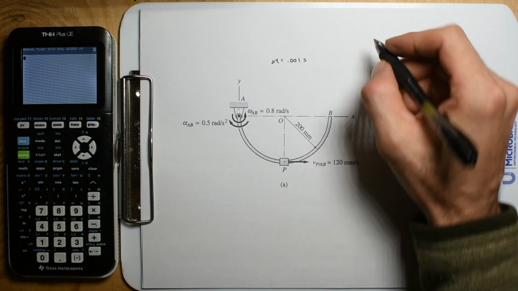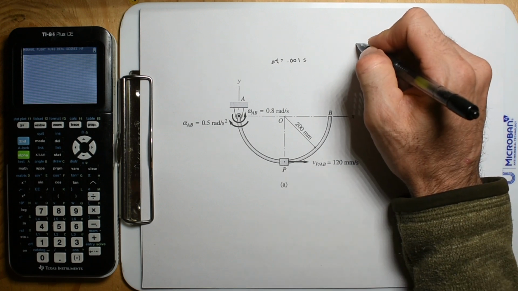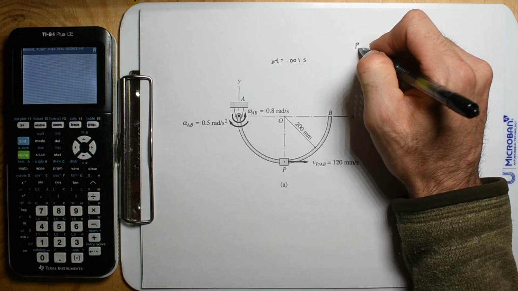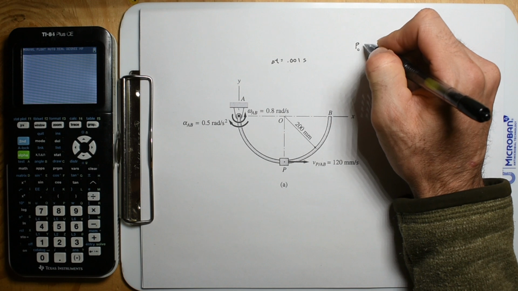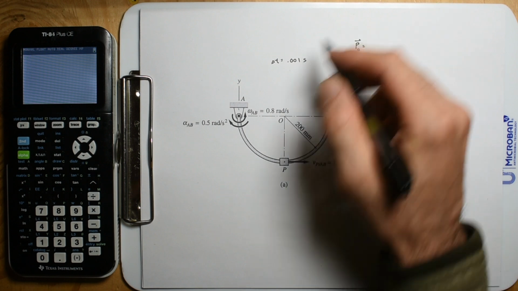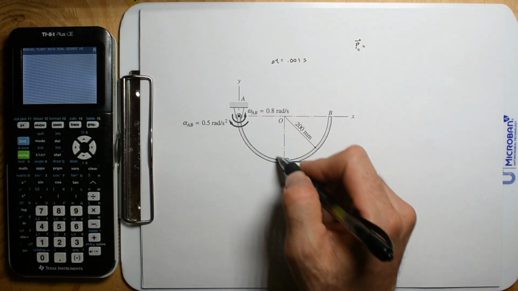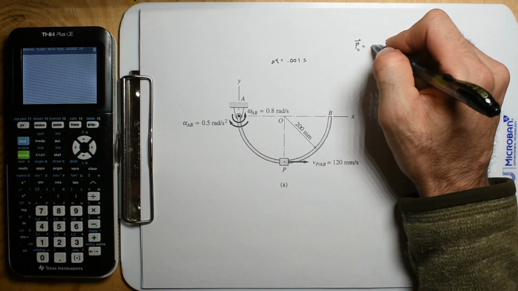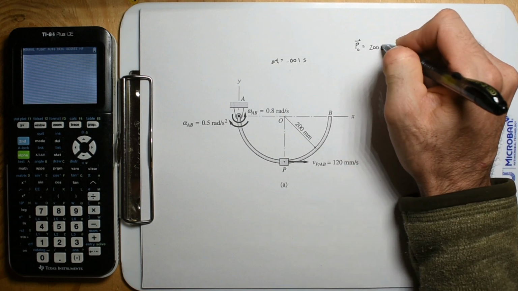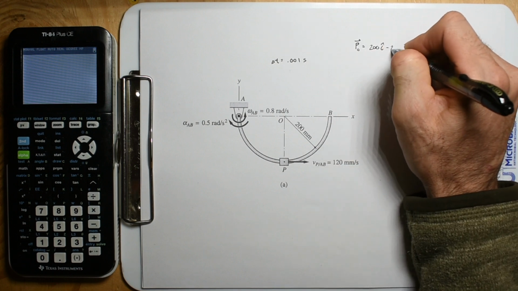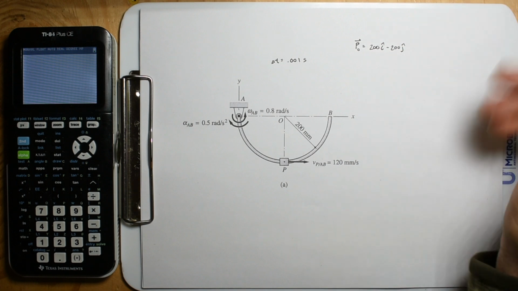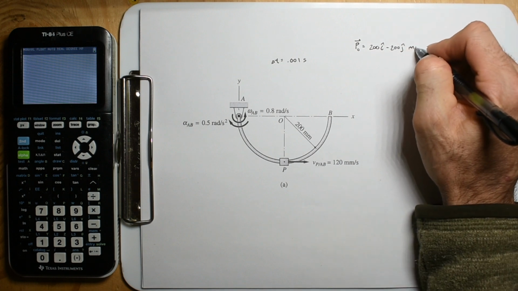So point P naught is going to be, what's the position on that? That's going to be 200I minus 200J, and that's going to be in millimeters.